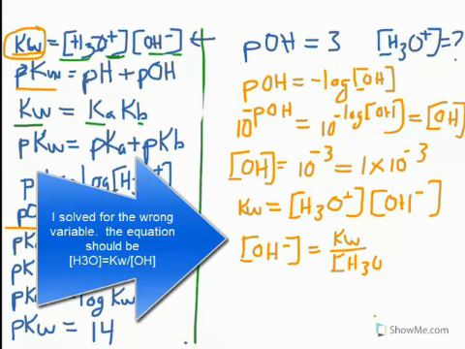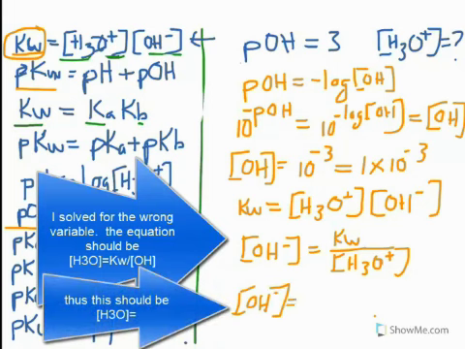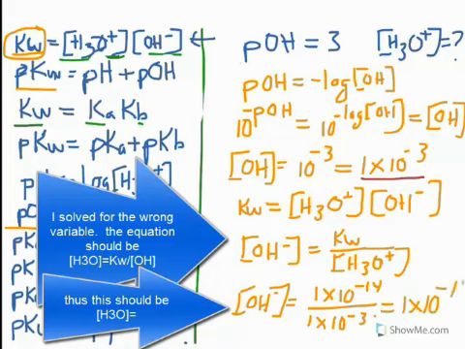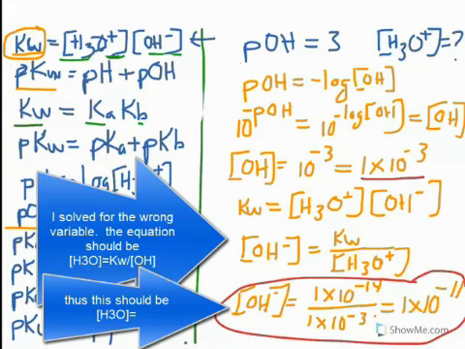We know Kw, I didn't give it on the side over there, but it is 1 times 10 to the minus 14th, divided by the concentration of OH, which we calculated right here, 1 times 10 to the minus 3. And so we get 1 times 10 to the minus 11. And you're done. So you'll want to circle your answer. I'll circle it carefully here, and that's our answer. All right, so that's one.